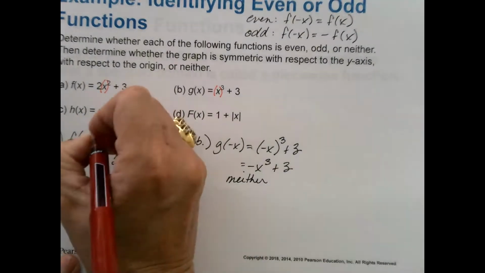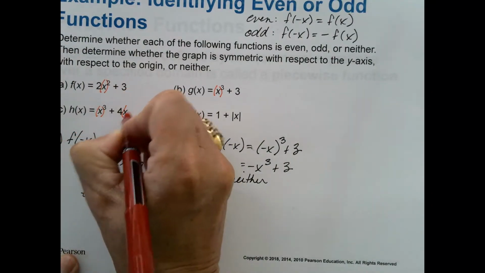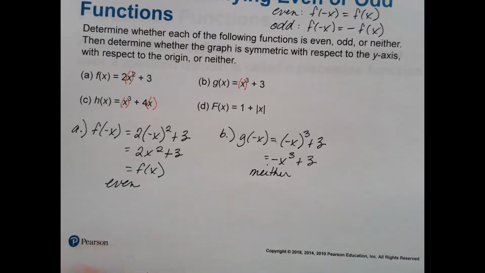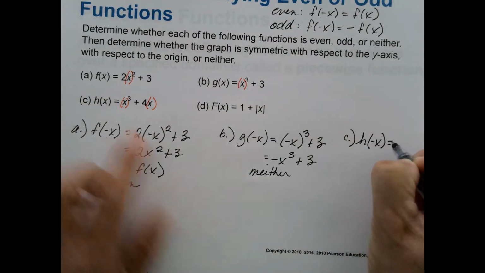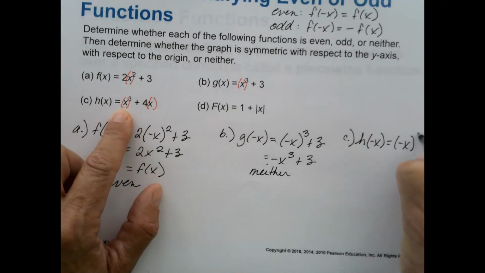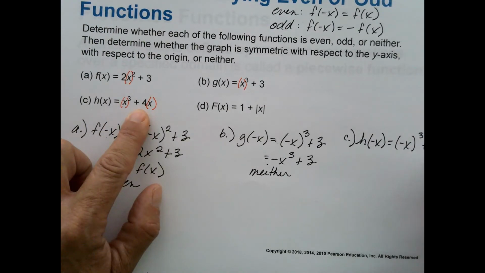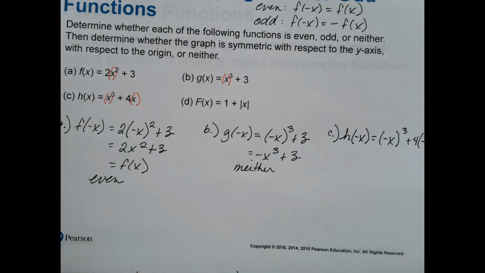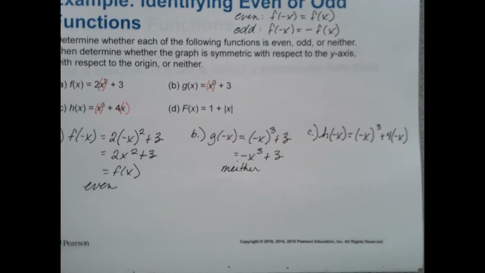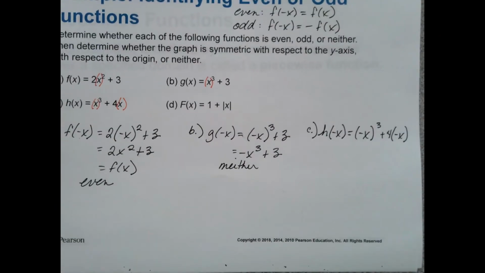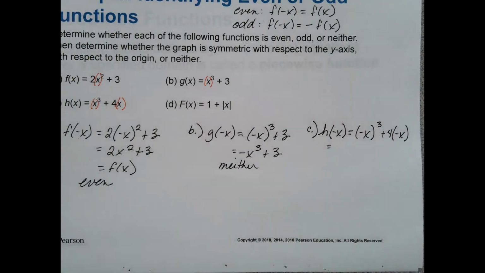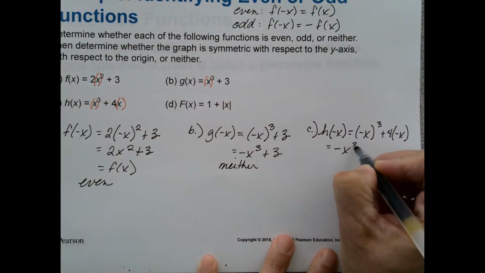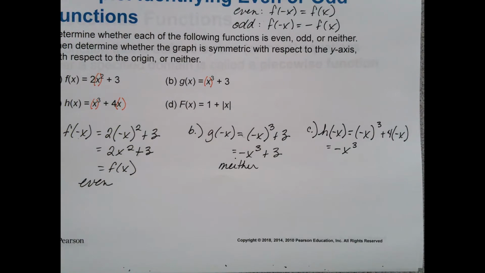Okay. For C, again, if I plug in negative x where x once was, h of negative x will be negative x cubed plus 4 times negative x. Negative x cubed, again, that's negative x times negative x times negative x. That's a negative out front with an x times x times x, which is x cubed.